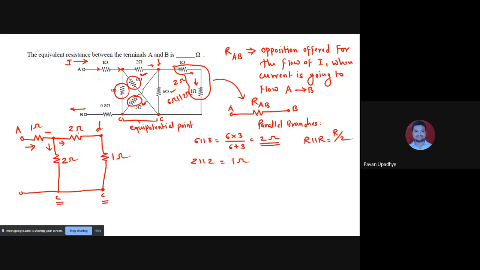Now it can be seen that 2 and 1 are in series, so they will become 3 ohm. So 2 plus 1 is 3 ohm over here.